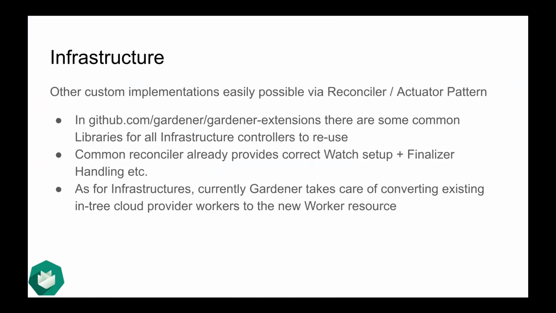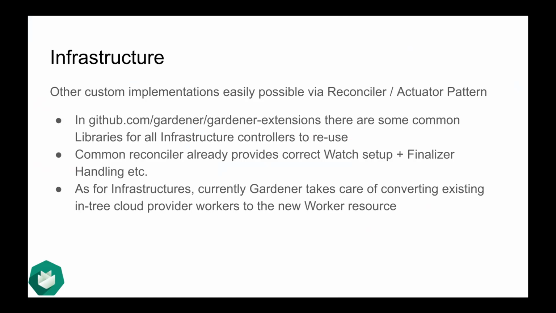Yeah, if you're asking yourself now, how can this be implemented? In our Gardener extensions repository on GitHub, we already have some common libraries for implementing a custom infrastructure controller. And in this library, there's also a common reconciler that already provides setting up the correct Kubernetes API server watches plus the finalizer handling.